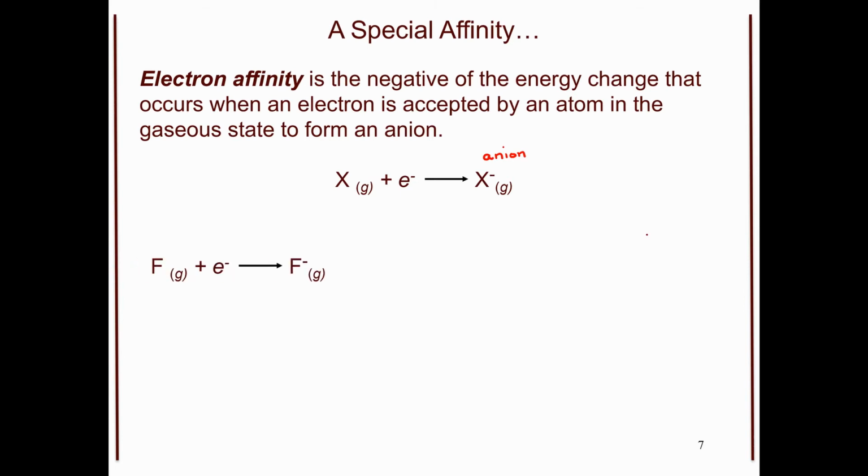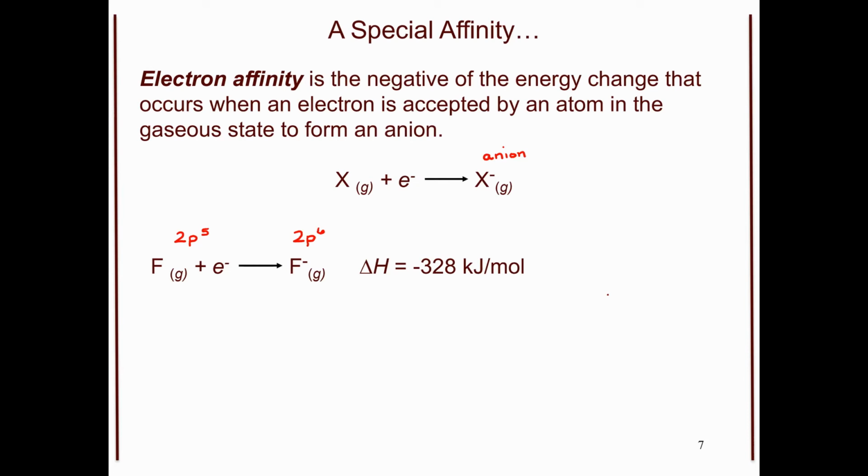So, if we look at fluorine, fluorine has a 2p5 subshell. Adding that electron is now going to give us the ability to go to 2p6 and be noble gas compliant. So what happens is that this reaction is highly exothermic.